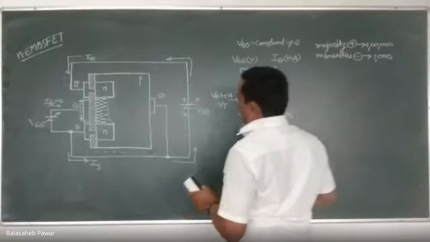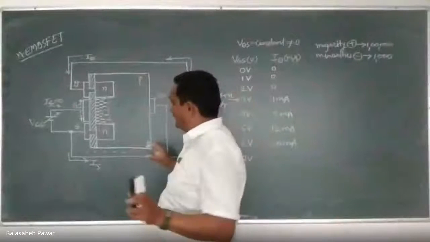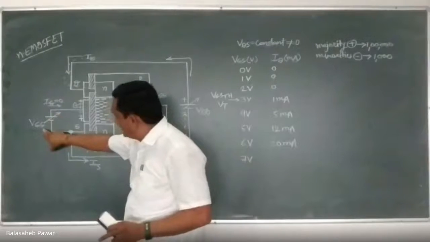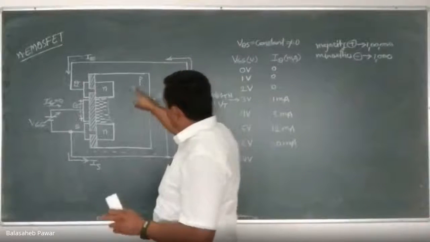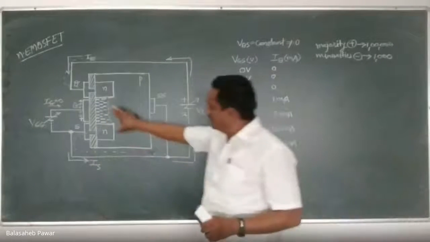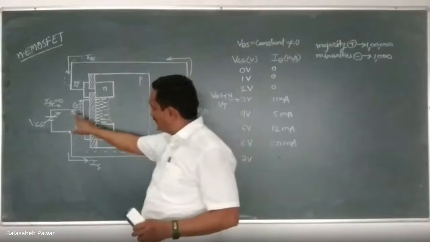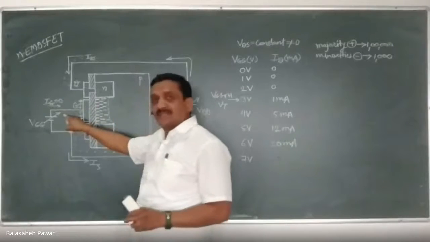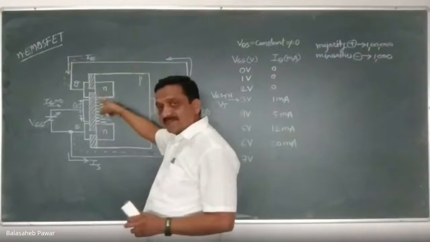See, I will repeat it again for proper understanding. When I apply VGS by this VGG as 0 volt, first case, how much will be the attracted minority charge carrier between this region, drain to source? It will not attract, or it will not travel towards the positive gate terminal, because last time I already told there is a SiO2 layer which is acting as an insulator, right?